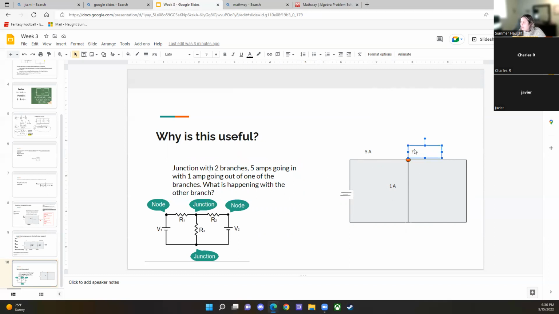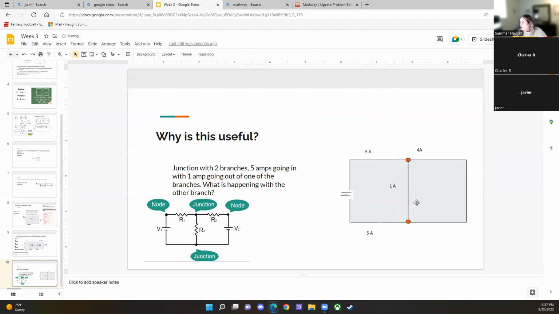Well, we can easily calculate what it is here by doing 5 minus 1, which gives us 4 amps. And the reason I know that is because they split up here and then have to combine back at the second junction, which is here: 1 plus 4 to give us 5 right here.